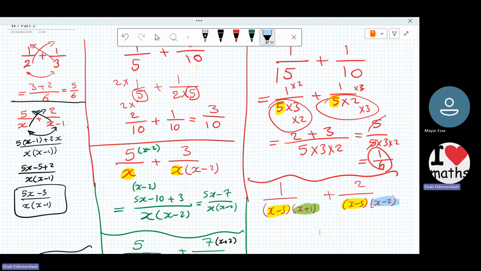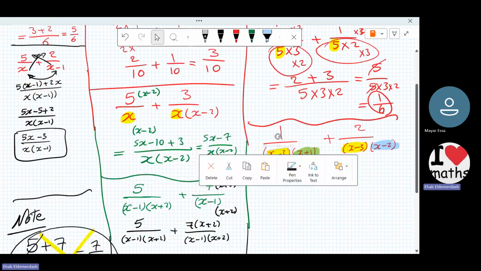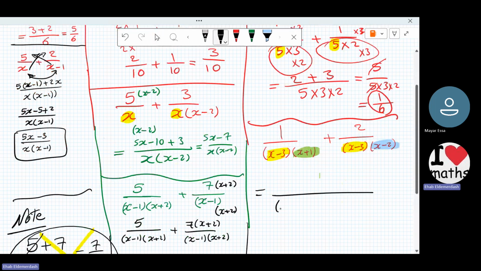Are you with me or not, Fatma? Do I sound unclear? Tell me if something is difficult. Common denominator means I need to have all the colors together. So my target for the denominator is to have the yellow, the green and the blue.